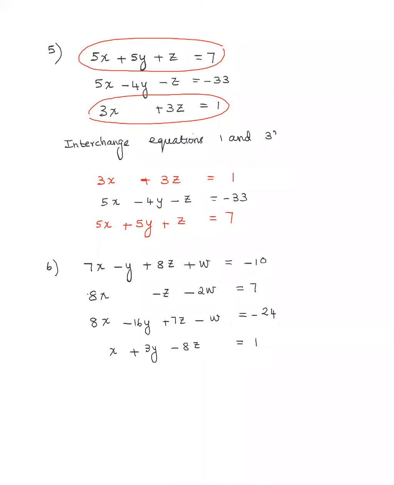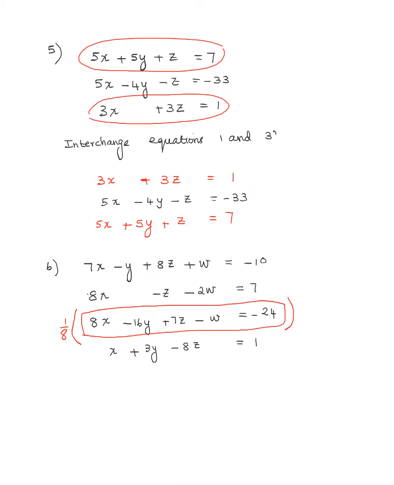Okay. Now the question is multiply the third equation by 1/8. So the third equation is this one. So we have to multiply this whole equation by 1/8. For each term, we have to multiply. But the other equations are going to be the same.